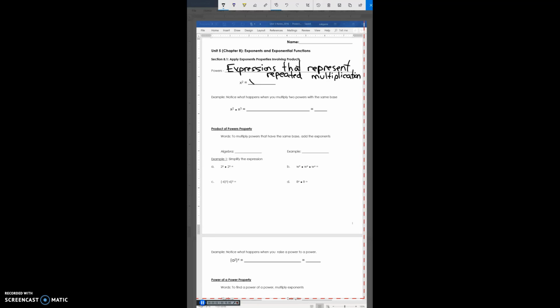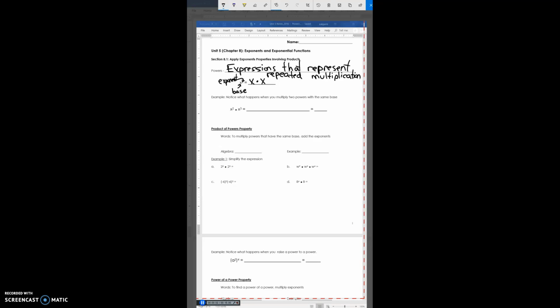If we remember, we broke up our expression into two pieces. We've got our base, and our exponent, which is the 2. So if I ask, what's the base, what's the exponent? The base is what we're multiplying by itself, and the exponent is how many times.